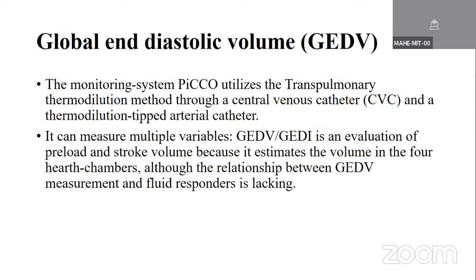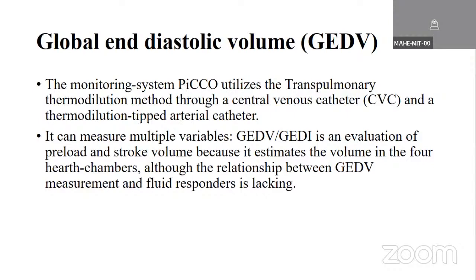Next, coming to the global end-diastolic volume, this is done using PiCCO or VolumeView. It uses the transpulmonary thermodilution technique with the help of a central venous catheter and a thermodilution-tipped arterial catheter. The monitor shows the global end-diastolic volume and the global end-diastolic volume index.